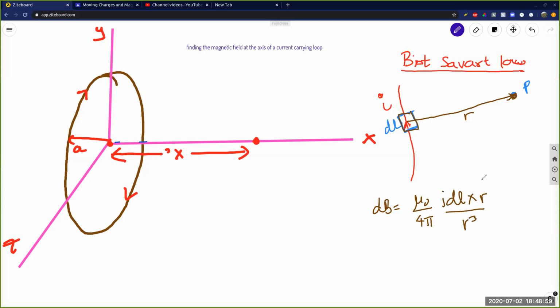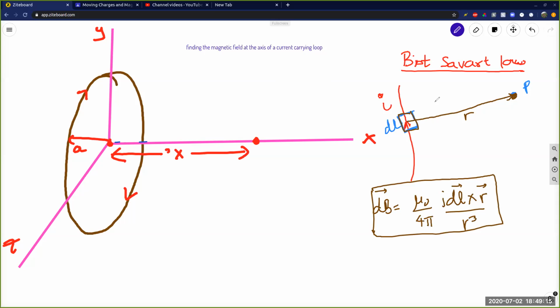Now this is a complicated expression, but just write it down. I think everyone write it down: I dl cross r by r cube. This is the magnitude of the magnetic field at point P.